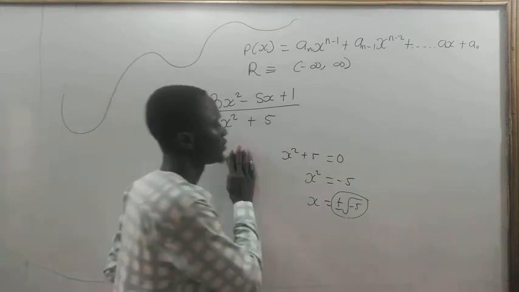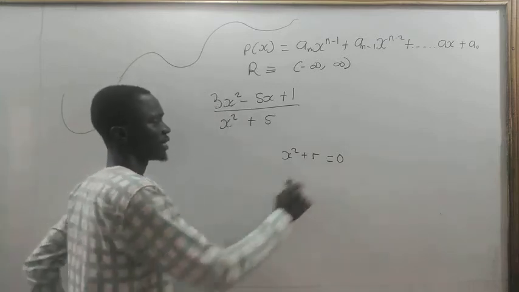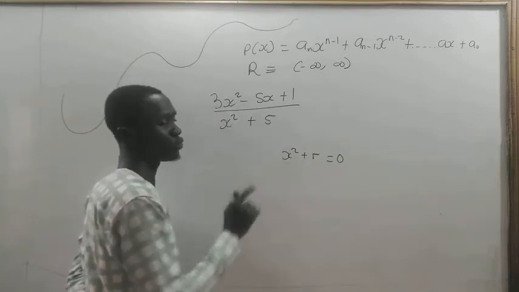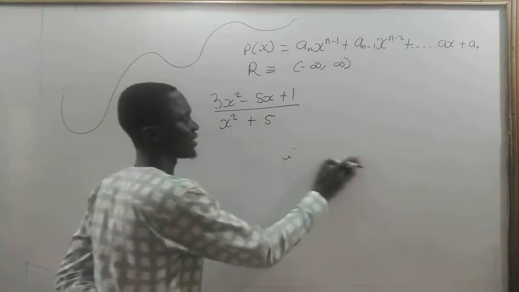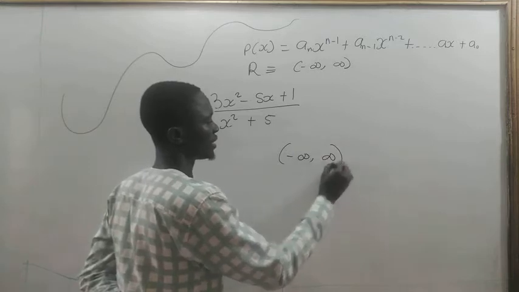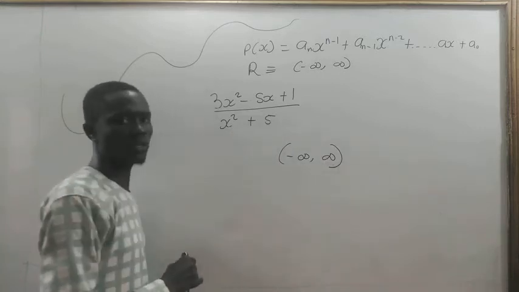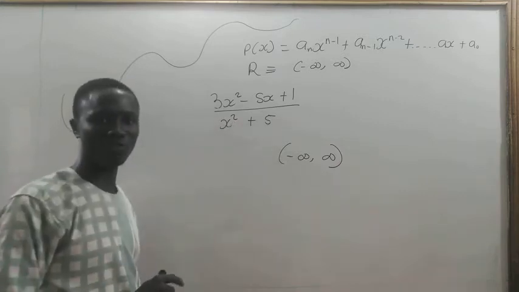So here we are not going to look at this. We want values that will make x squared plus 5 to be 0. And if we consider real numbers from negative infinity to positive infinity, any number that you put here will not make this one equal to 0 because of the square that we have here.